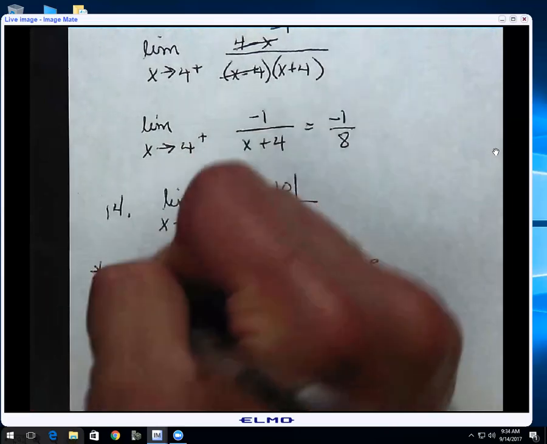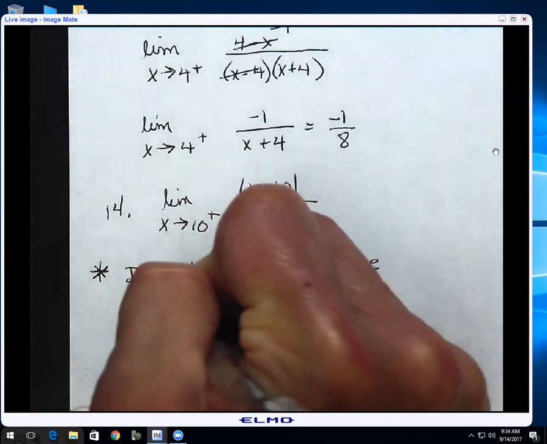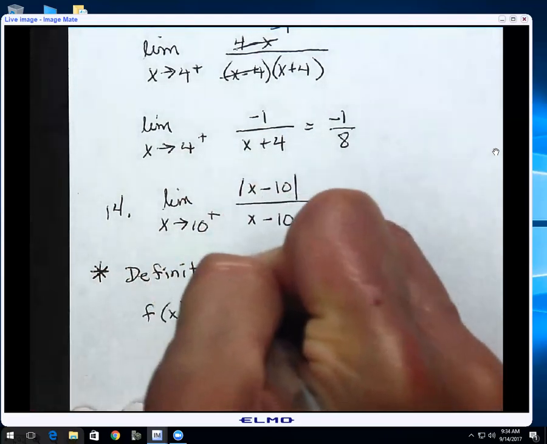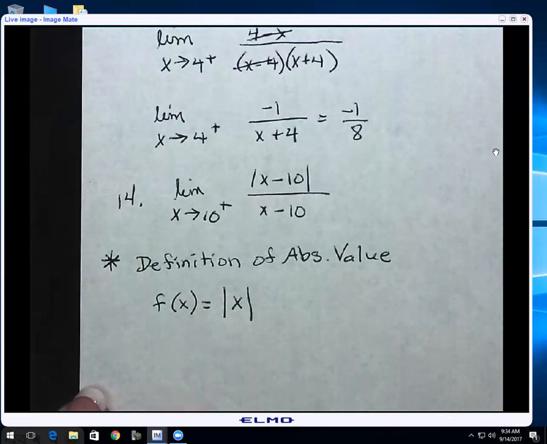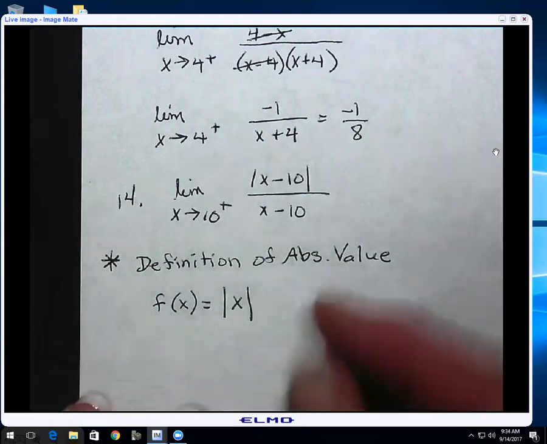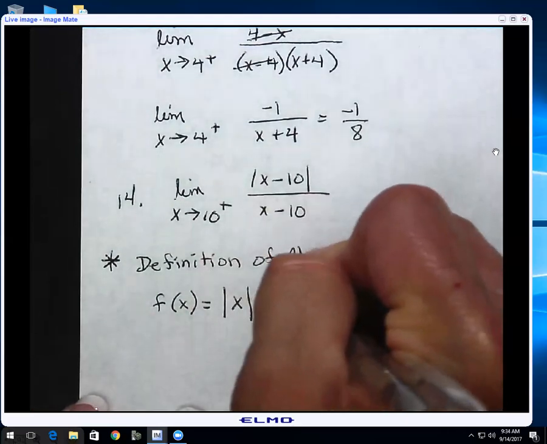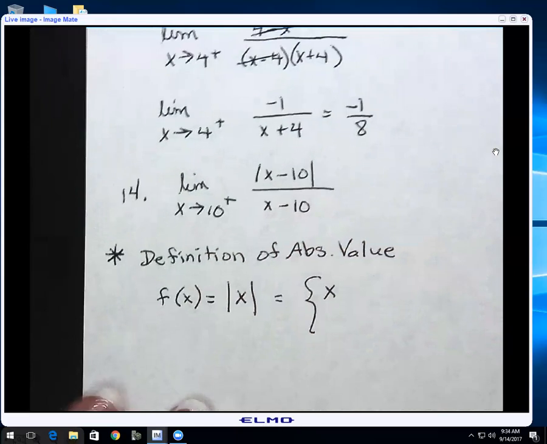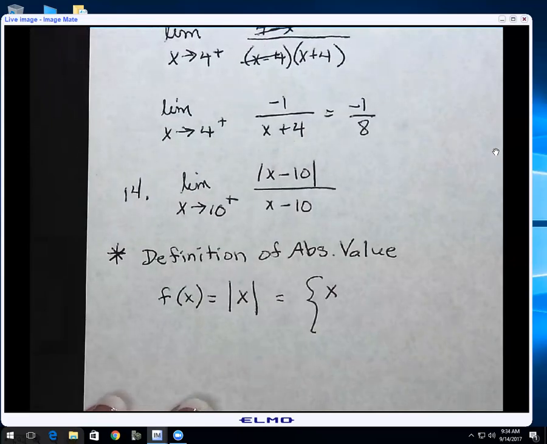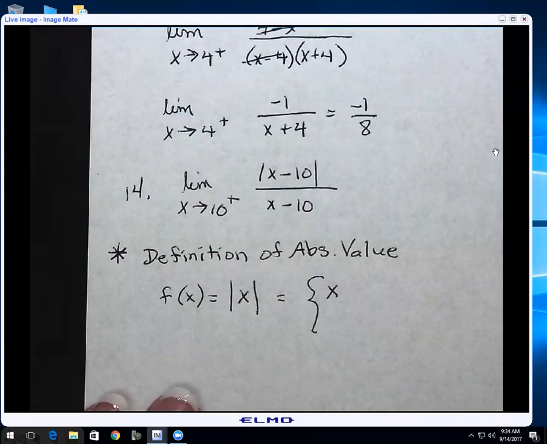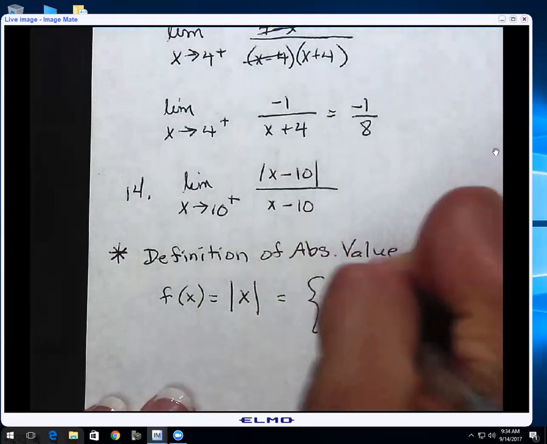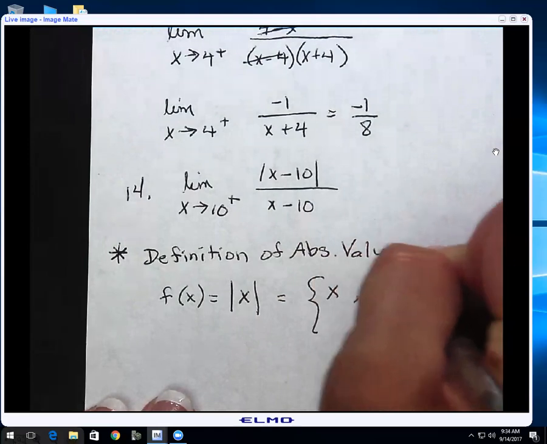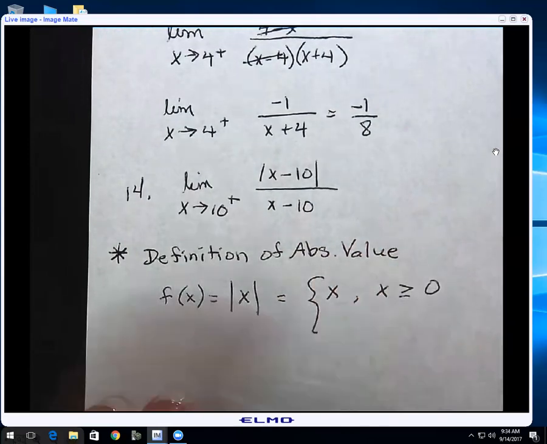But here's the official definition of the absolute value function. f of x equals the absolute value of x is actually a piecewise function. If you put a positive number into the absolute value function, what do you get out? The same positive number. That means if x is greater than or equal to 0, you get out the same thing you put in.